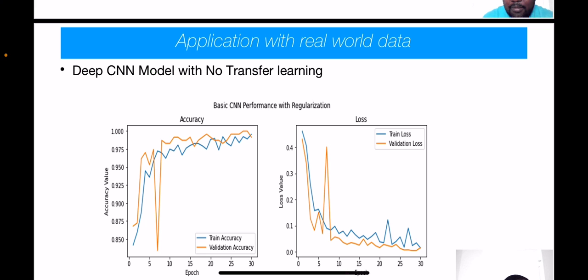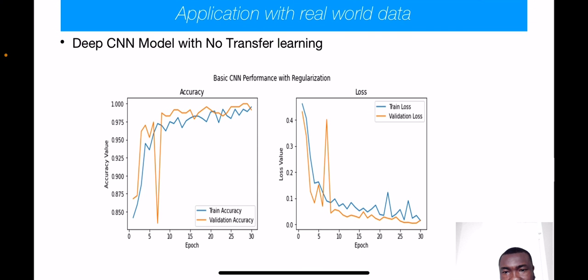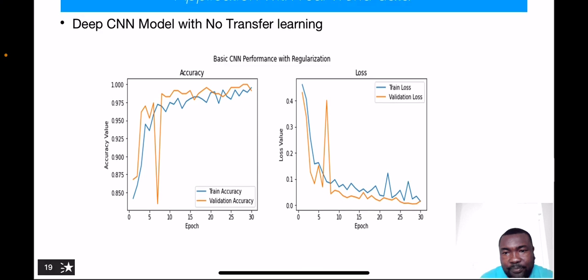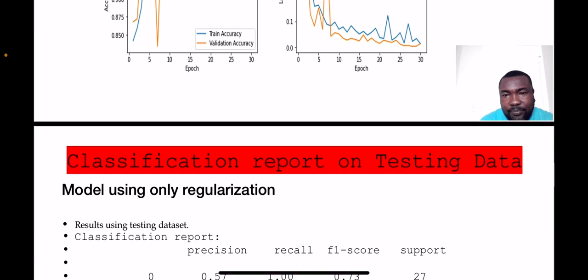But after six epochs, it starts overfitting, as you can see there, and this is because of such small data. Having such small data, it is not easy to overcome the overfitting just by regularization alone, and that's why we go on to transfer learning to solve that kind of issue.